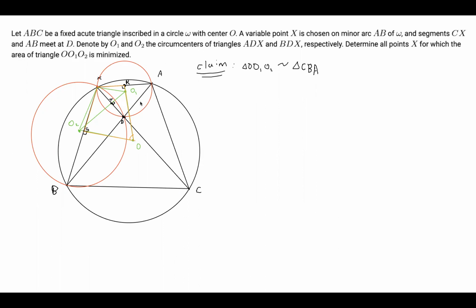It means that angle ROS equals 180 degrees minus angle RXS, and angle RXS is angle AXB. So, since ACBX is cyclic, this is 180 minus angle AXB. But since ACBX is cyclic, 180 minus AXB is the opposite angle ACB. So this is equal to angle ACB.